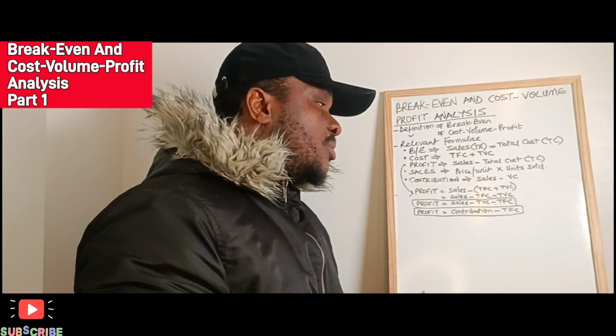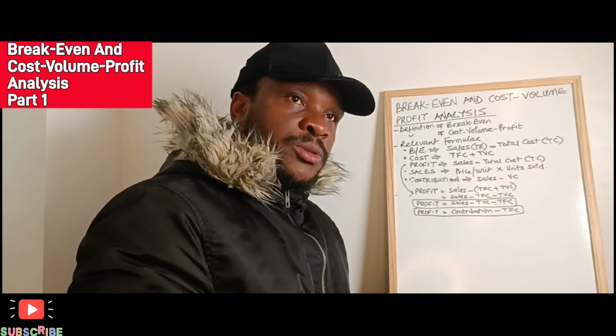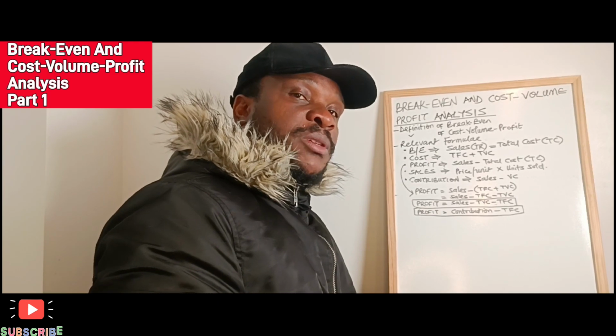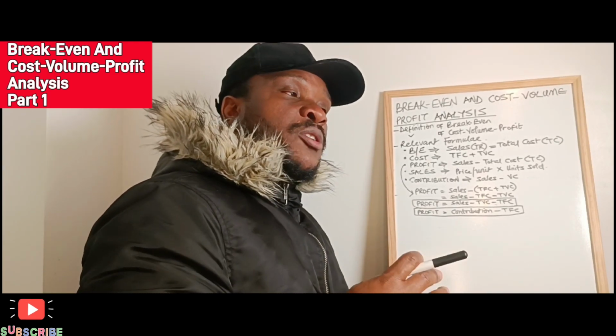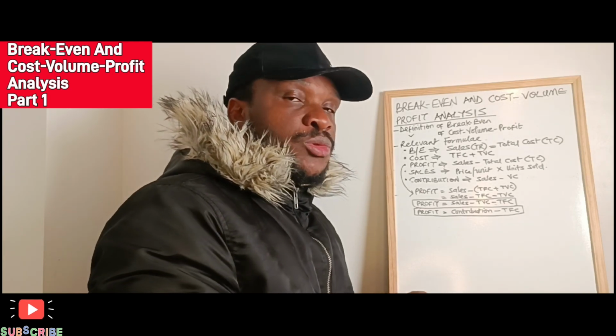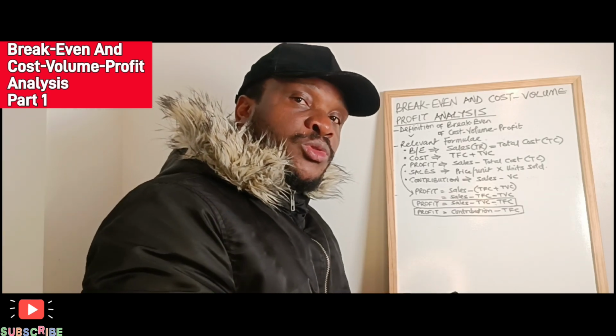What is this telling us? It's telling us that when you have made sales in your business, deduct variable cost. When you deduct variable cost, what you will be having is called contribution. It is not profit. It is called contribution.